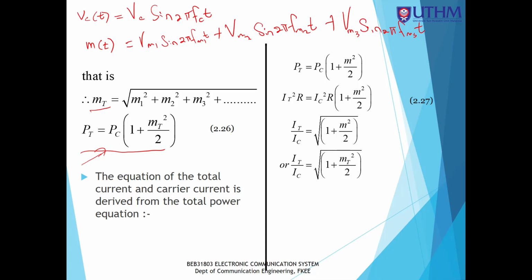From here we can find the modulation index. So this is V1, V2, and also V3.